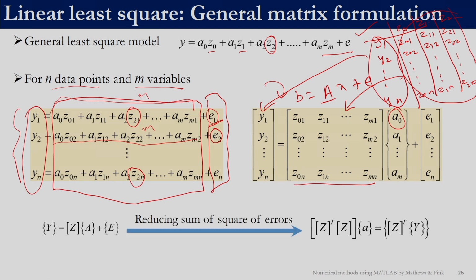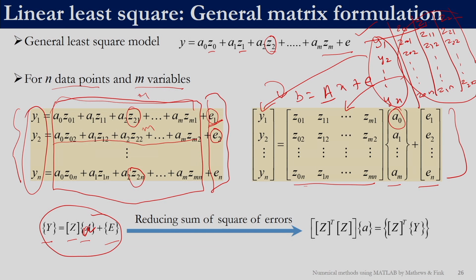So, this can be compactly written as the vector y, the z matrix, the vector a, plus the error vector. This a is lowercase a. This set of equations can be represented by this, and this is our regression problem.